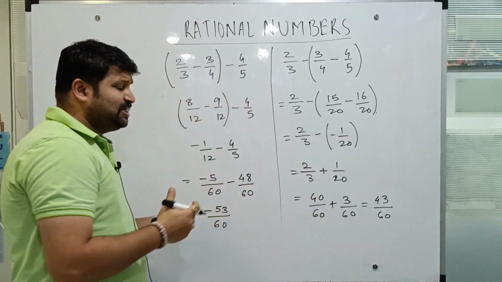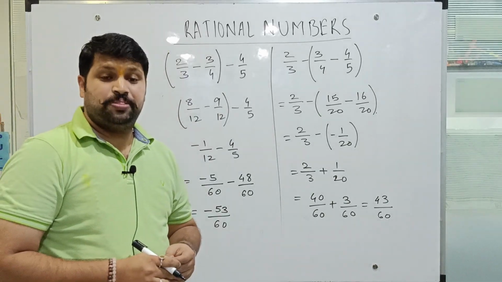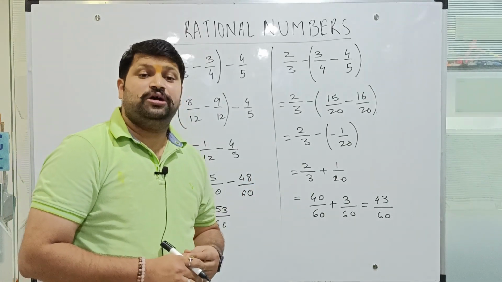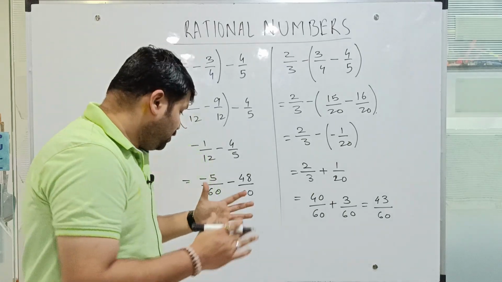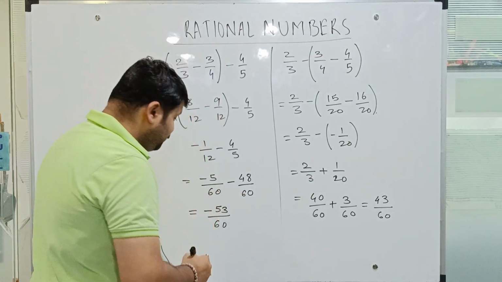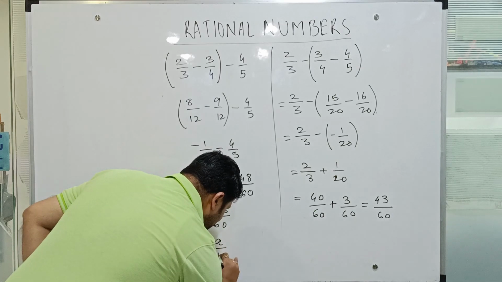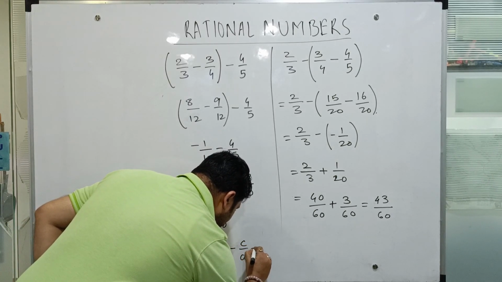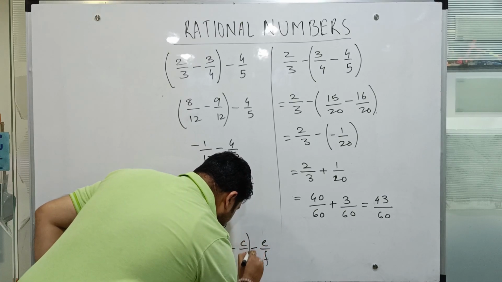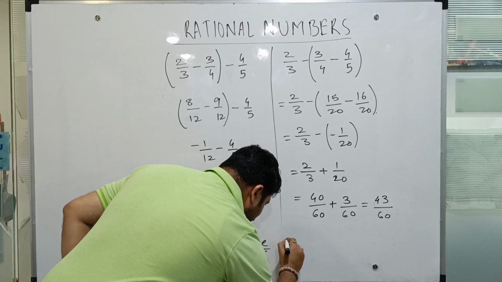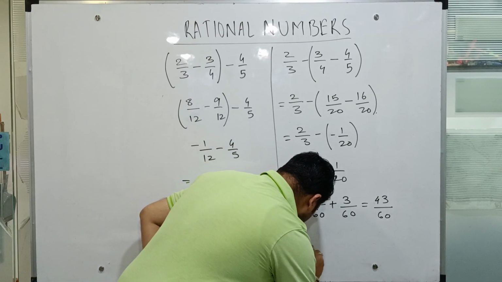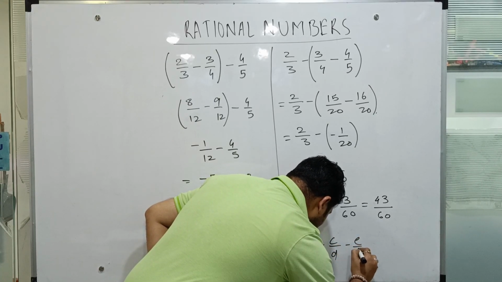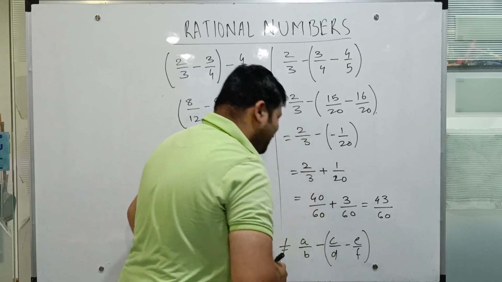Now you can clearly see that both the answers are not equal, which means that subtraction is not associative as well. So let us put it in a formula form, saying that a upon b minus c upon d minus e upon f grouped like this will not be equal to a upon b minus c upon d minus e upon f grouped like this.